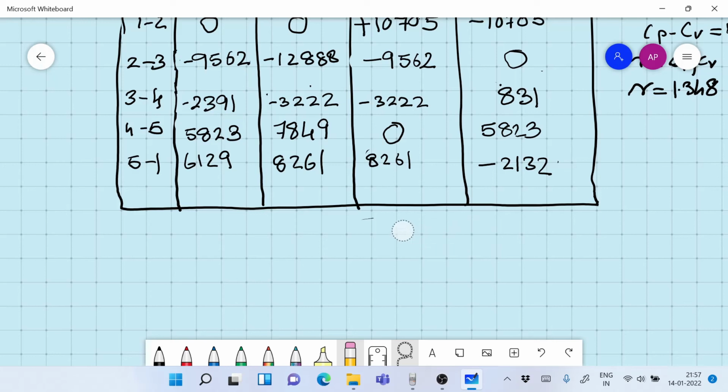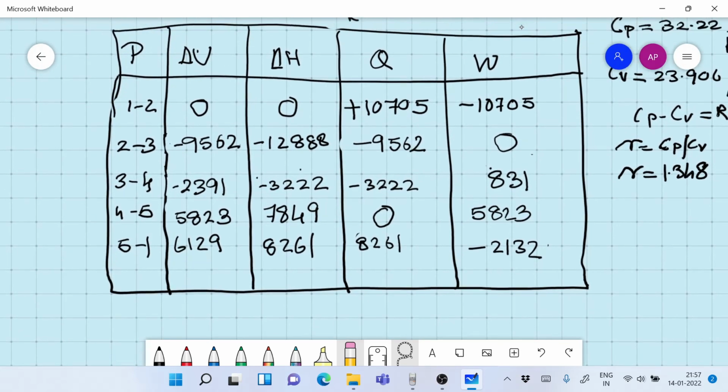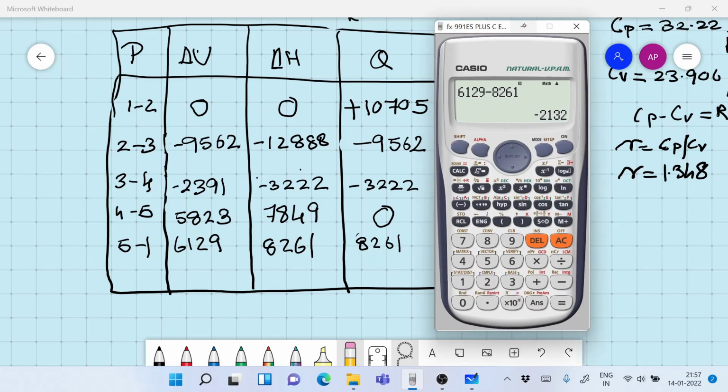Now for a cyclic process, we should always check that the addition of all delta U and all delta H is equal to 0. That is the check. Because for a cyclic process, the change in internal energy and the change in enthalpy is equal to 0. So let's do that.